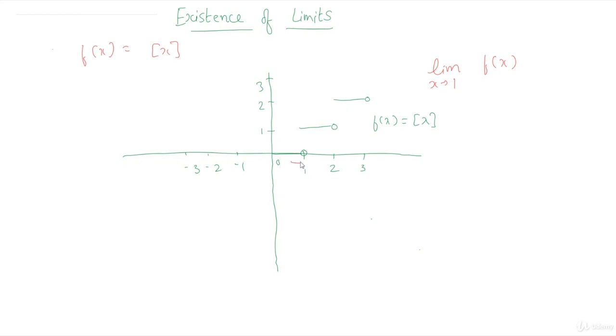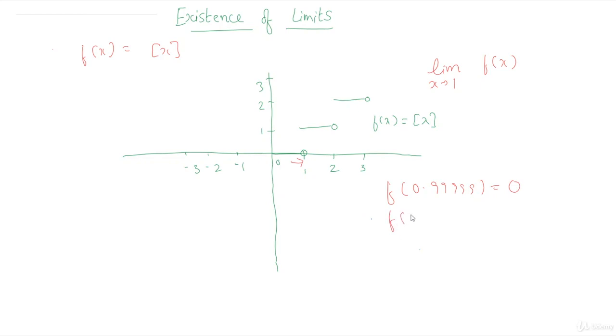Let us first approach from the left side, when values of x are very close to 1 but less than 1. That will be the function, let's say f of 0.99999. Computing from this branch, we will see the value will be 0. So f of 0.9999 will be 0 since we are on this branch.